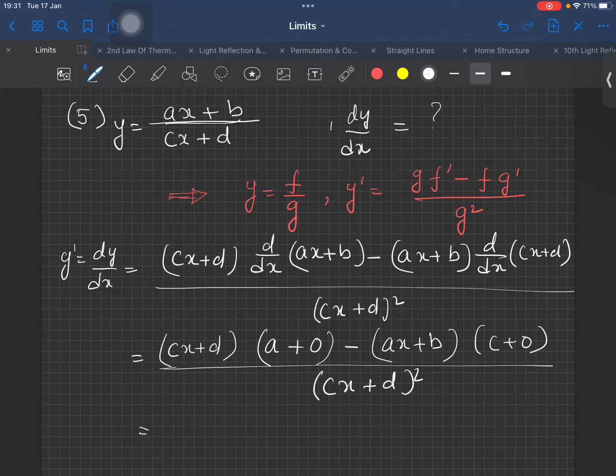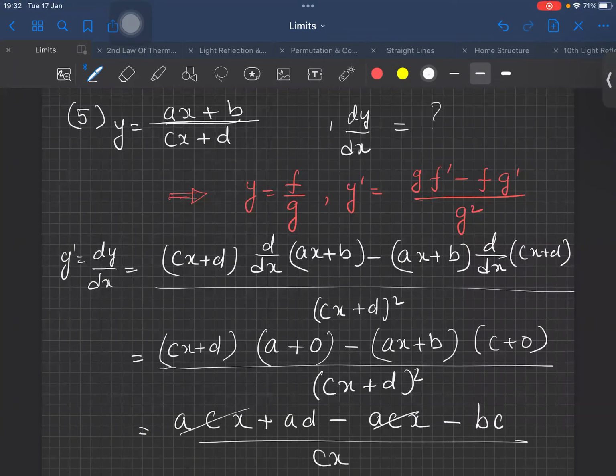So this will be equal to acx plus ad minus acx minus bc, so these two will get cancelled out, upon cx plus d whole square.